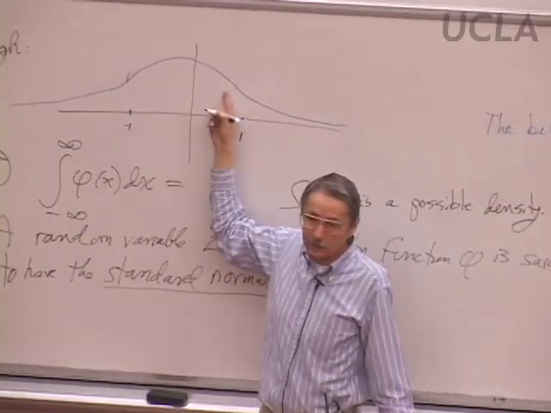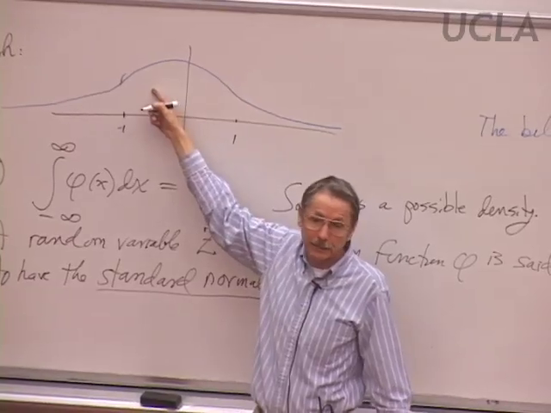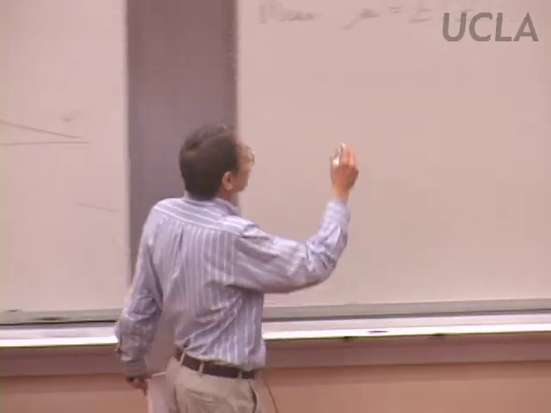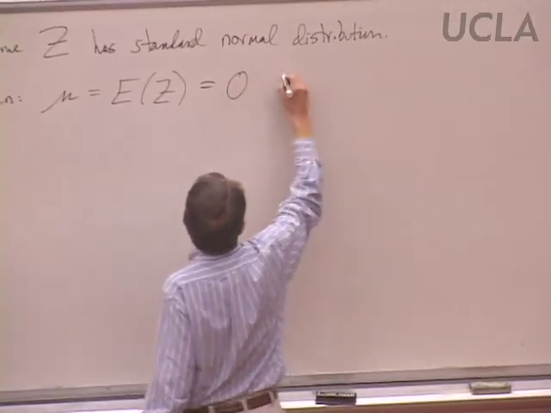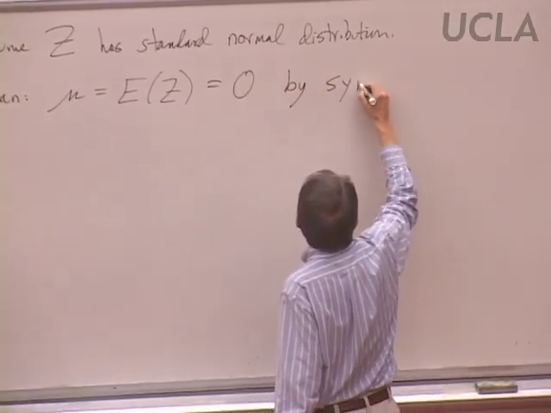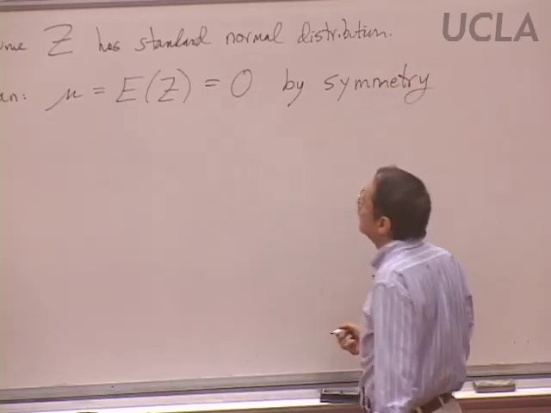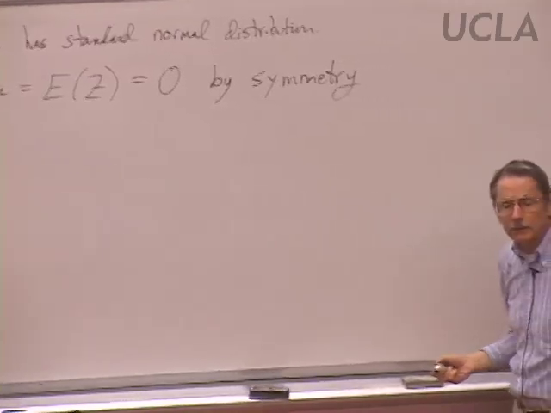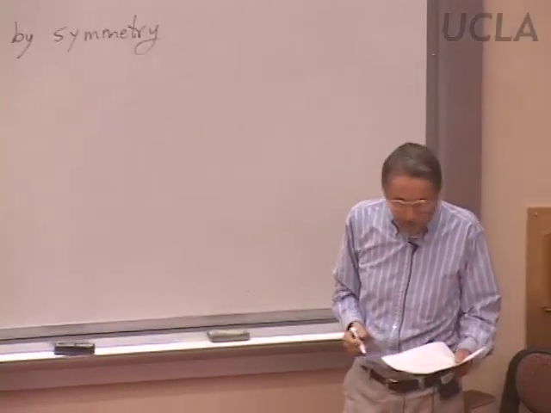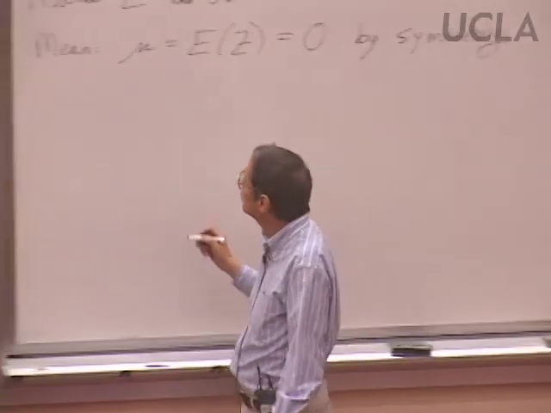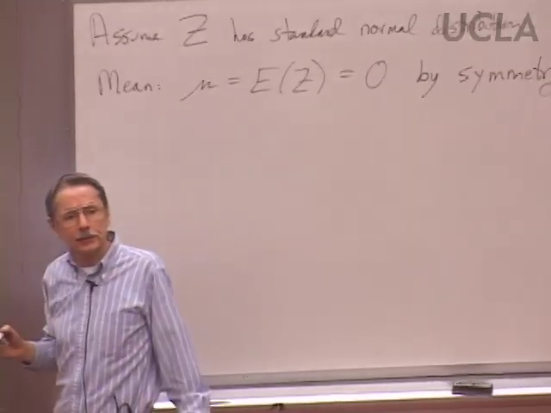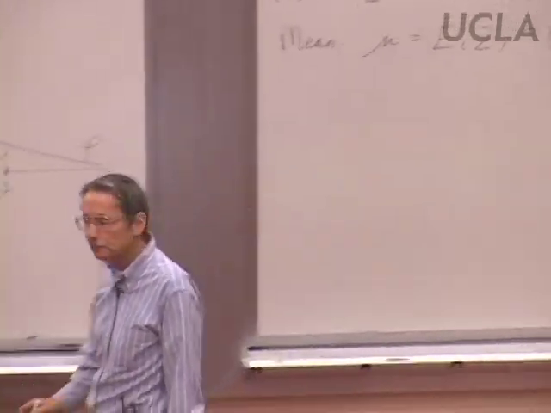It's just as likely to be positive as it is to be negative. By property 1 there, the density function is symmetric about the y-axis. Nonetheless, let's do the calculation and work it out.